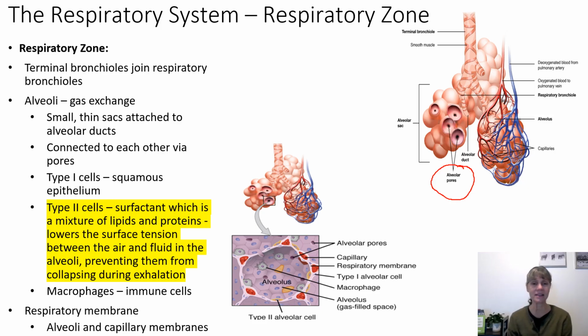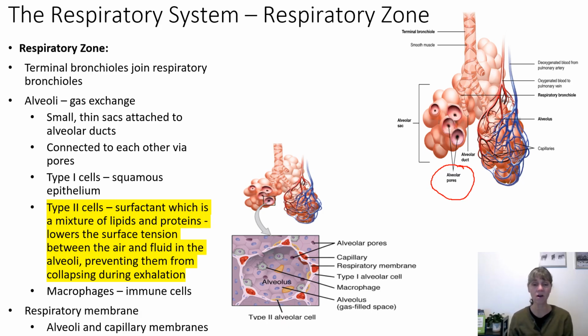And then there are also type 2 cells, the remaining 10% of the alveolus, which produce surfactant. And surfactant is a liquid that has a mixture of lipids and proteins that decrease the surface tension between air and the fluid in the alveoli, preventing them from collapsing during exhalation.